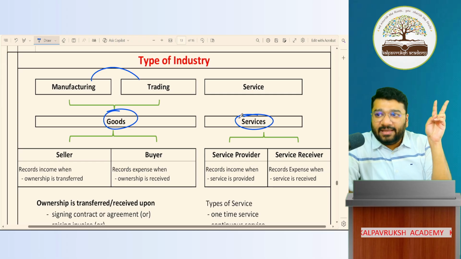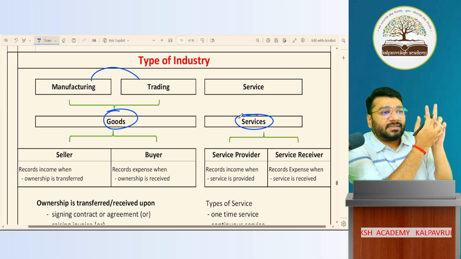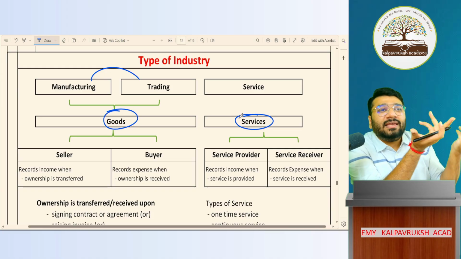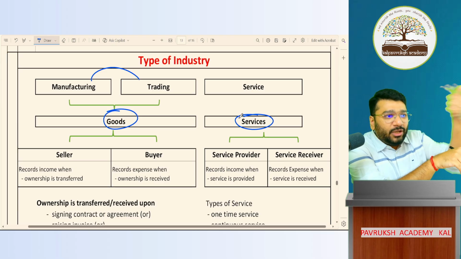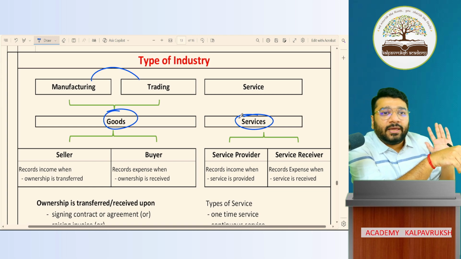Apart from these two, is anything else there? No. That's why the name is Goods and Services Tax. Everything is either goods or services. You can do a goods business or services. Okay, not okay? Okay.